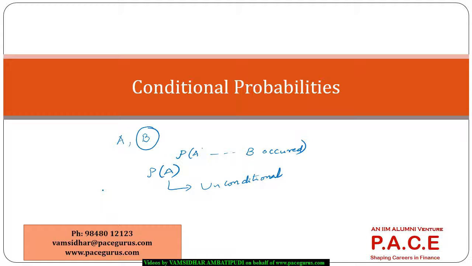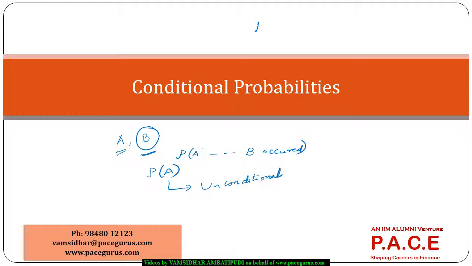Given that this event B has already occurred, I am trying to find out, is there any change in the probability of occurrence of A with this additional information given to me?